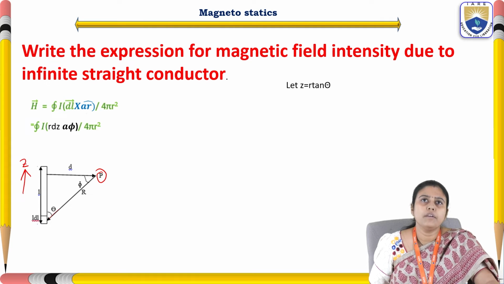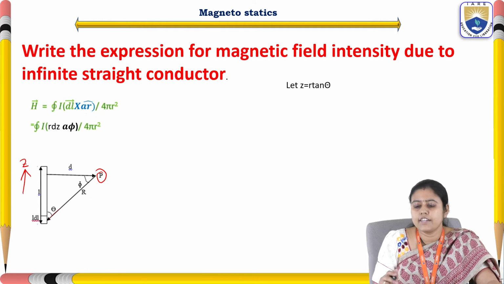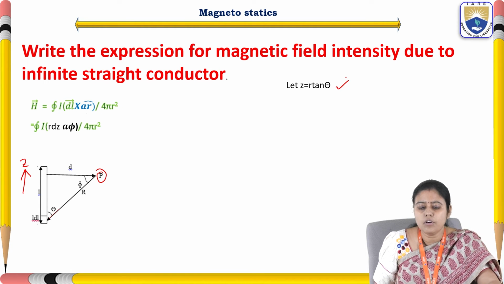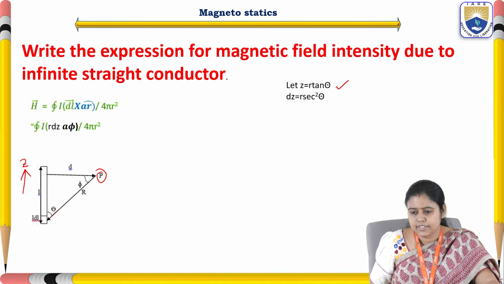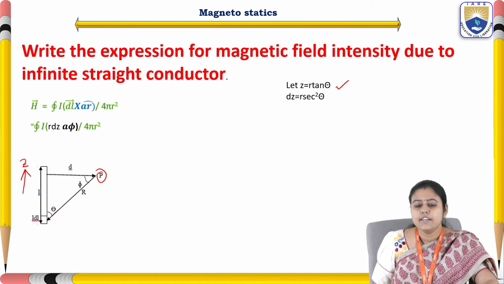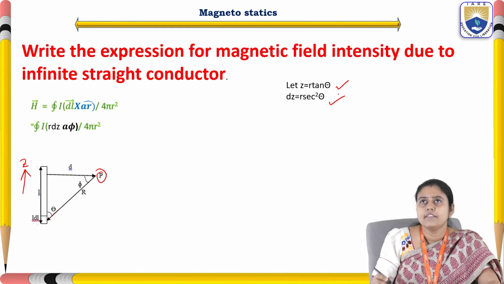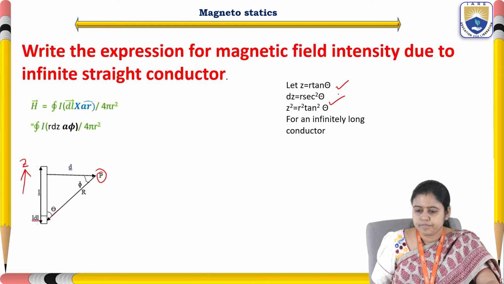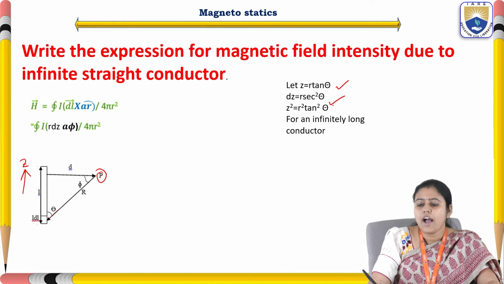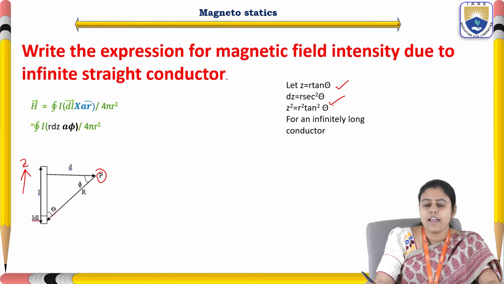So if we want to calculate the integration, let's assume z is equal to r tan theta. So dz is equal to r sec square theta d theta, and z square is equal to r square tan square theta.